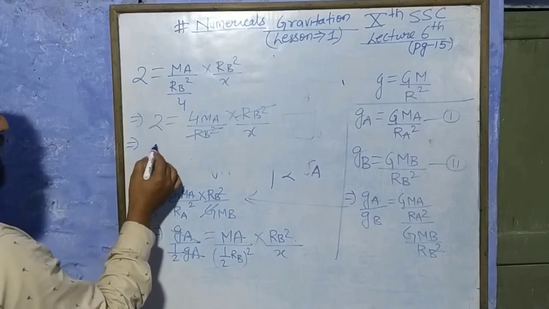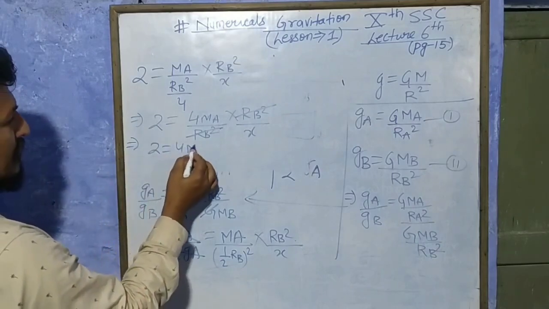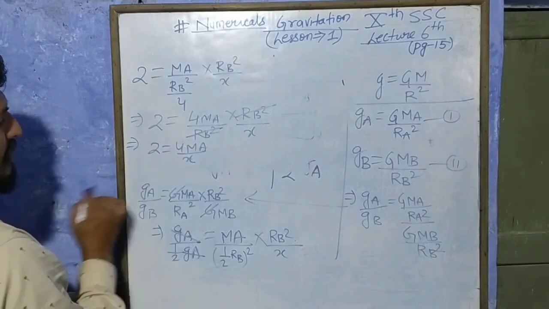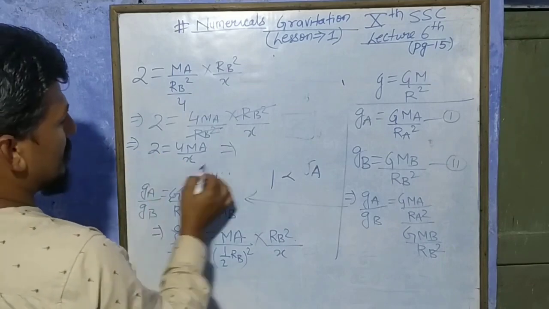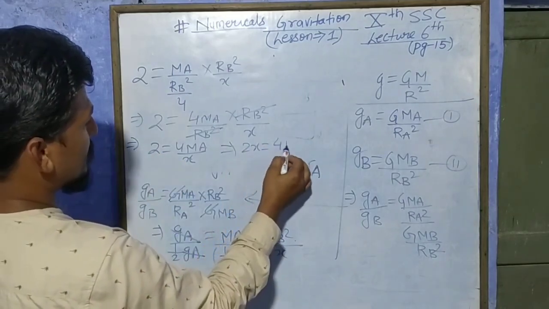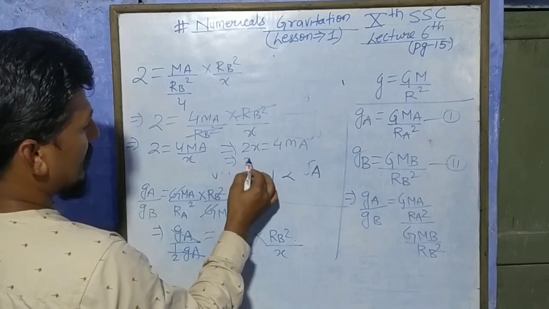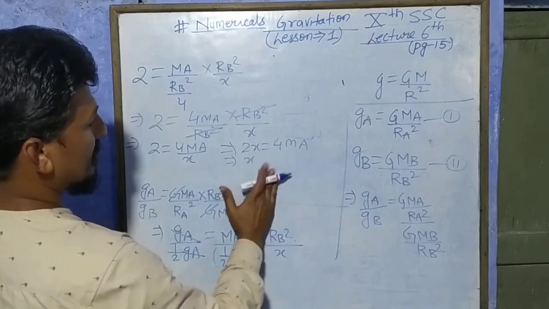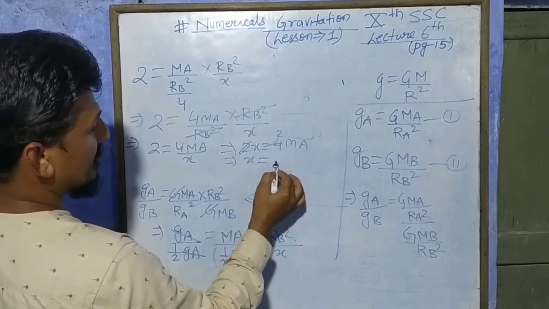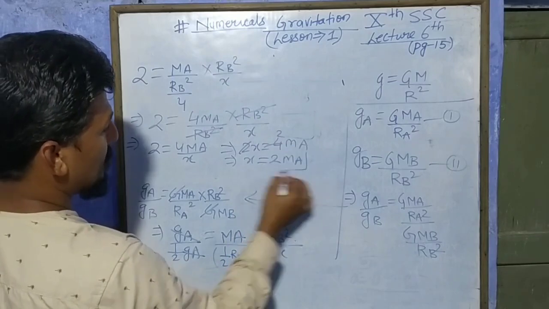Now 2 equals 4 MA by X. Now 2X equals 4 MA, so X equals twice MA.